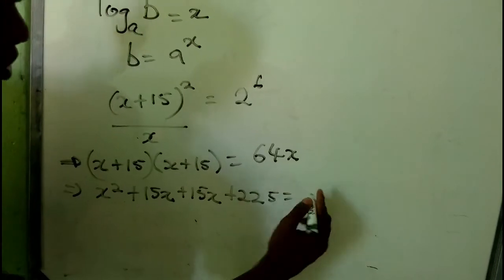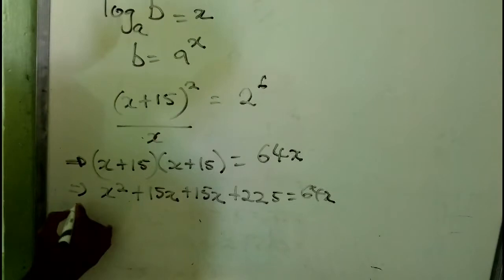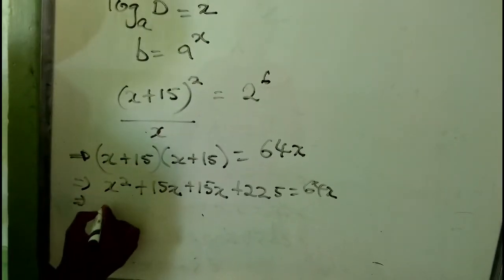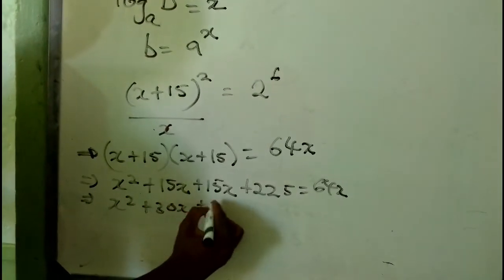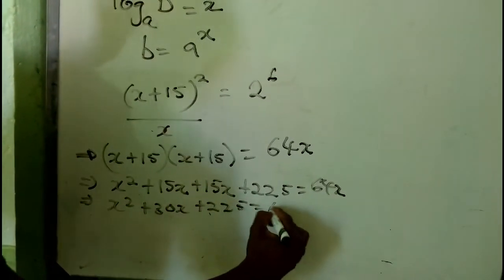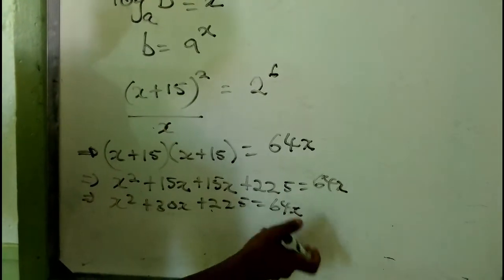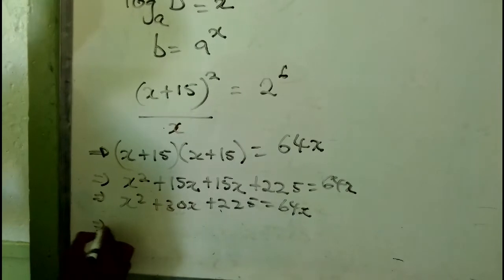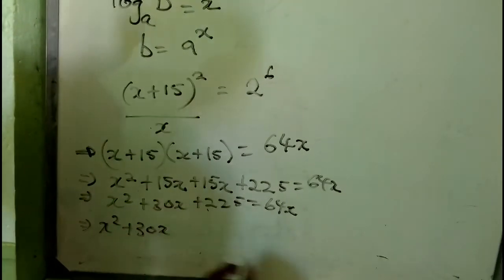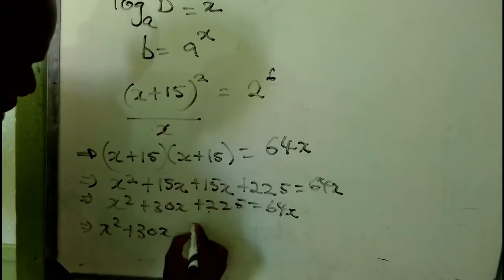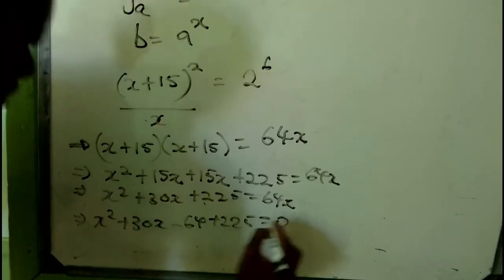So we have x squared plus 30x plus 225 being equal to 64x. Then if we take our 64x to the left hand side, we will have x squared plus 30x minus 64x plus 225, which is equal to 0.